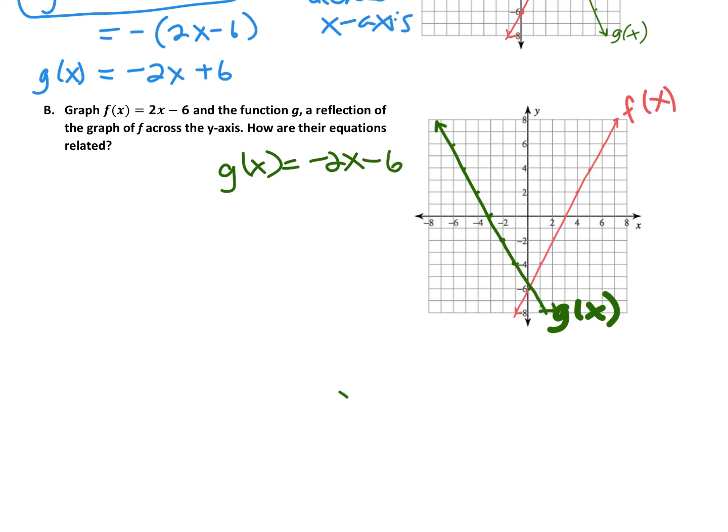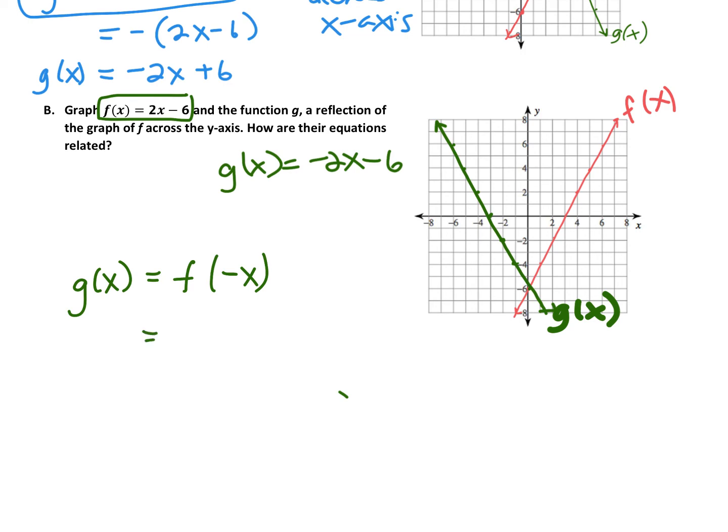So how does that relate to f of x, which is positive 2x minus 6? You can see that just the 2 turned negative, and that was it. The y-intercept stayed the same. Here's how reflecting across the y-axis works. If you're going to reflect across the y-axis, your new function g of x will be equal to f of, now the negative is going to go inside with the x.